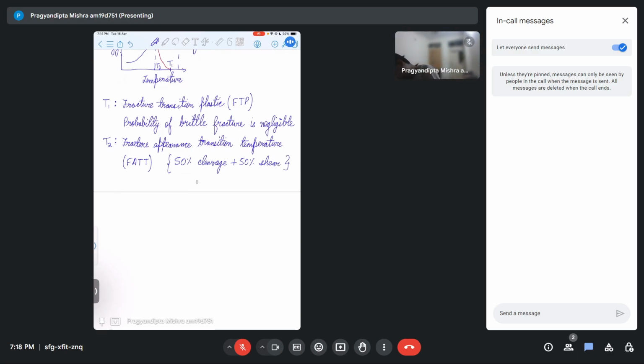So let me just write it down. Fracture with no plastic deformation and probability of ductile fracture is negligible.